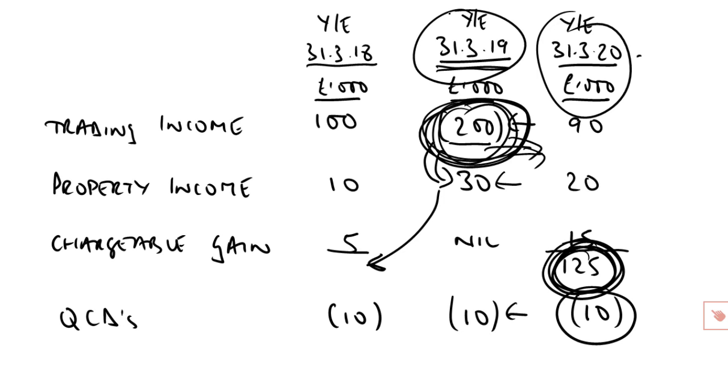And so long as other relevant group members, 75% group members, had sufficient TTPs to absorb that amount of loss, you could, if you so chose, group relieve all of the loss. You did not have to firstly use that loss against its own other profits of £30,000. You could leave those where they were. So 200 was the amount of loss.